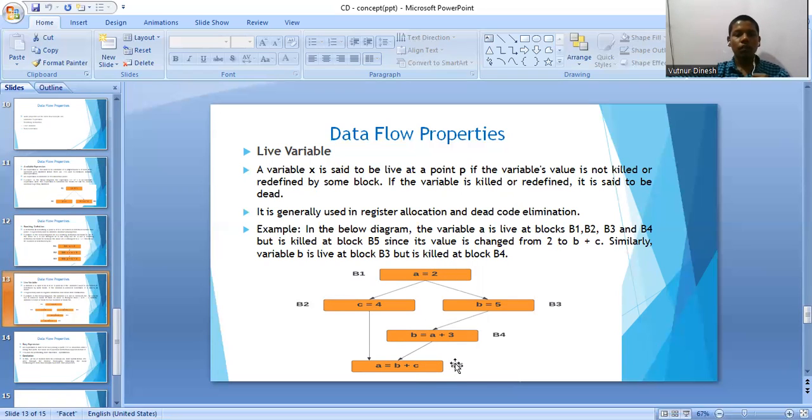So at block B5, the constant A is being killed, and hence it is not a live variable at block B5. And at block B5, B is also killed because the value of B is being changed, hence B is not a live variable.